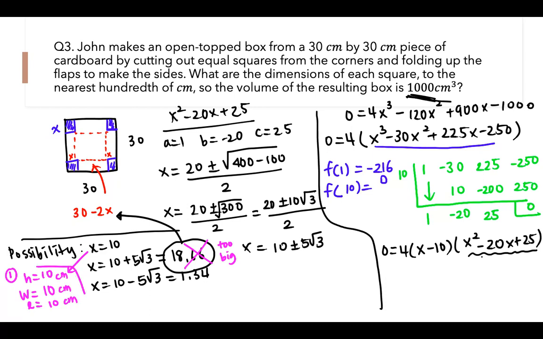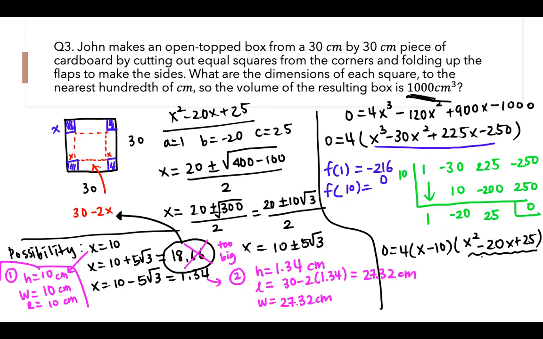Okay, that's one possibility. Or it could be the second possibility where the height is 1.34 and the length is going to be 30 minus 2 times 1.34, which is 27.32. That means the width is also going to be 27.32. And that is my second possibility for the dimensions of this box.